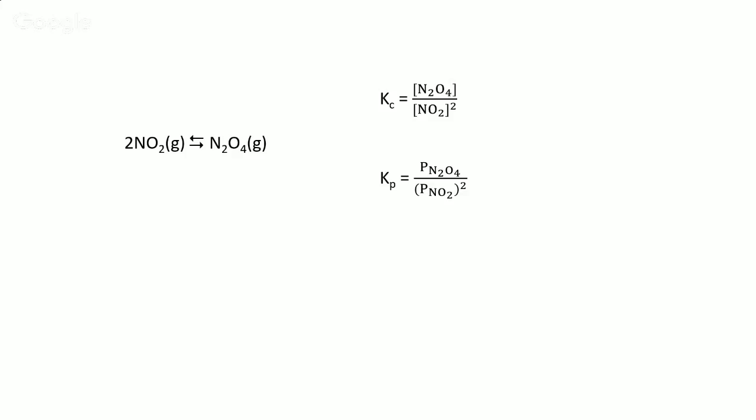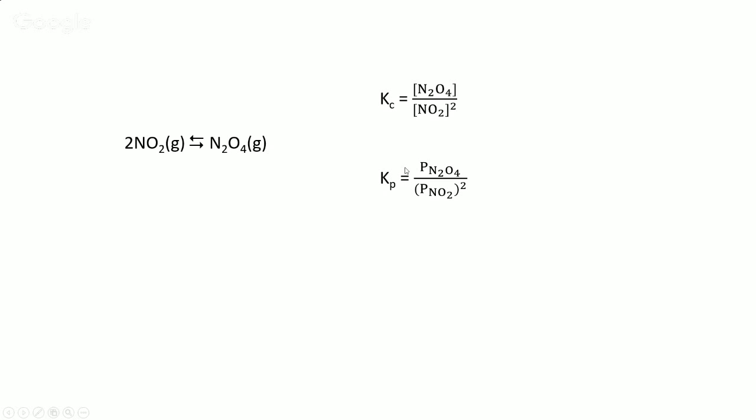And it's the same basic expression, the same basic equation. You're just, instead of having a ratio of concentrations, you have a ratio of pressures, or partial pressures. And the idea of raising everybody to their coefficients, that's still true. So a lot of times we'll have a little P for pressure and a C for concentration, just so you know which of the two types of equilibrium constants we're talking about.